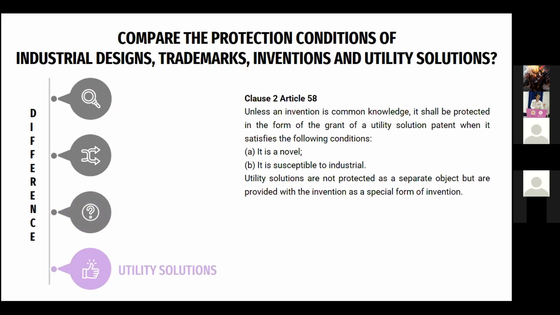The standard is lower than the novelty of an invention, because many countries require that a utility solution only needs to be novel within the national territory and protected as a utility solution. B, it is accessible to industrial application. The requirement for the inventive level is lower than for the invention. The next is the exercise.